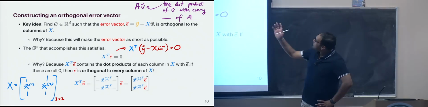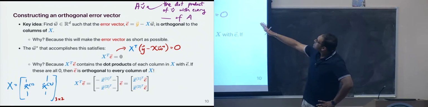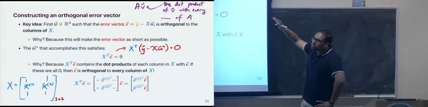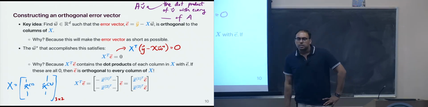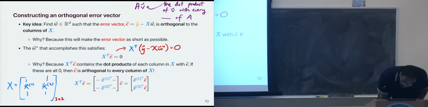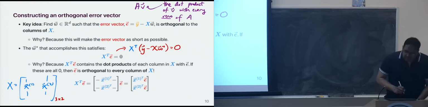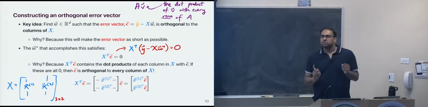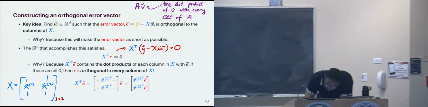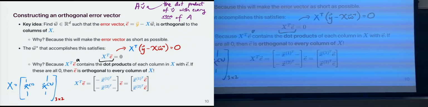When I multiply out A times V, what I compute is the dot product of V with every what of A? Yeah, it's the row of A. Okay? And the result is a new vector too, which means X transpose E, which is also a matrix vector multiplication, the result of this is also a vector.